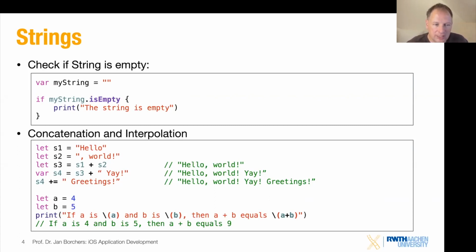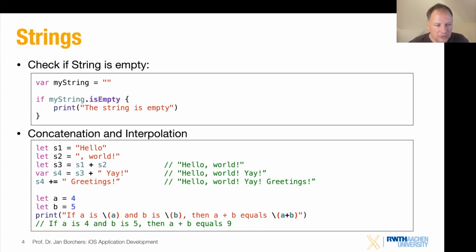Then how do you concatenate strings? That's pretty easy. The plus operator is overloaded for strings to do that for you, and it does the usual things you would expect, right? So two strings here, S1 and S2, you can join those by using the plus operator. And you can also do that with string literals, for example, here as we do for S4.